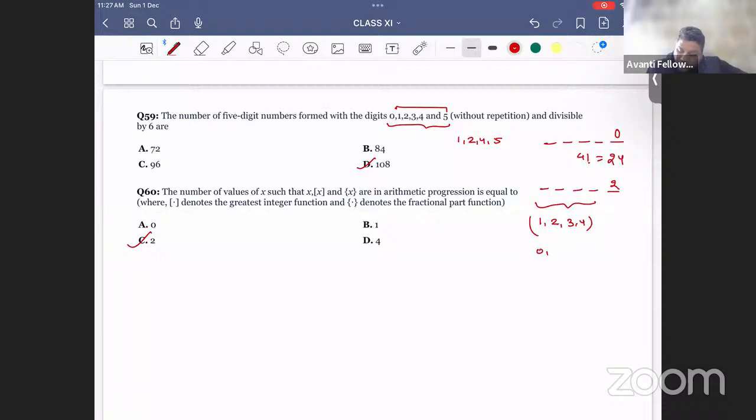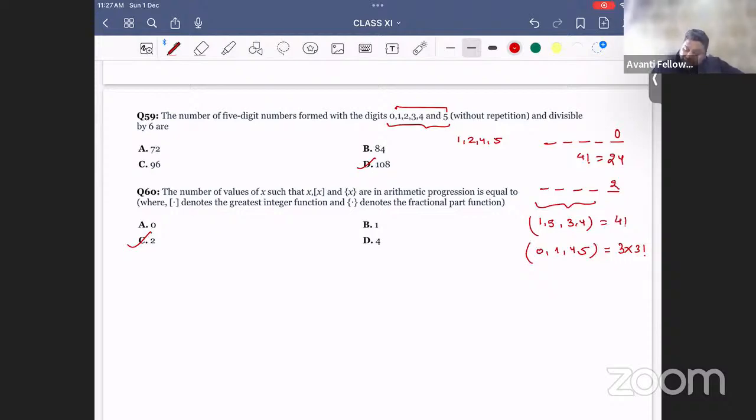Sorry, 2 is already used, no? So 1, 5, 3, 4, or 0, 1, 4, 5. Now, this can be arranged in 4 factorial ways, and this in 3 into 3 factorial ways.